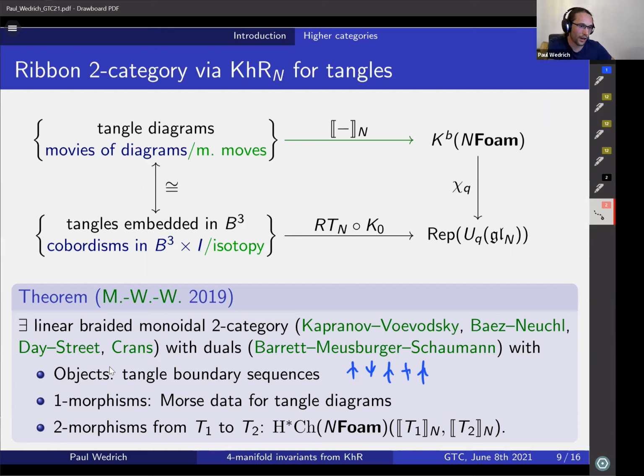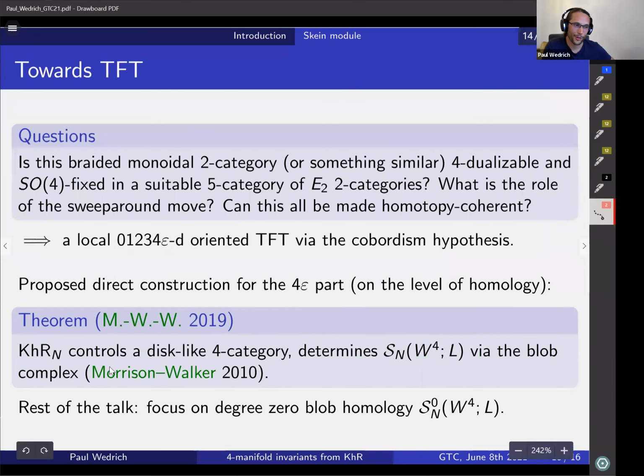Okay, once we have this higher category, we can now ask some questions that will take us towards CFTs.